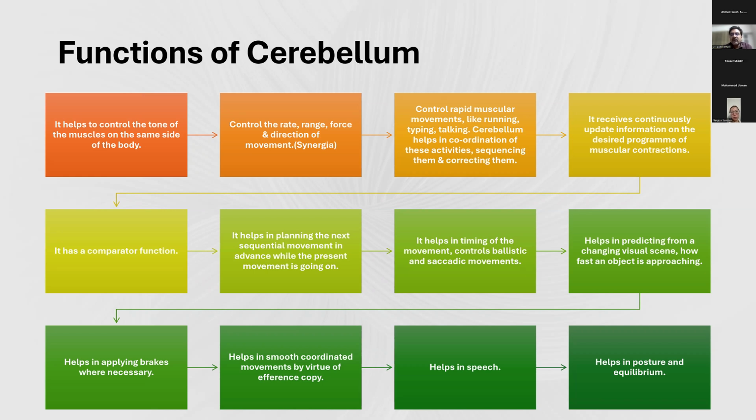It also receives continuous updated information for the desired program of muscle contraction. It also has a comparator function. It also handles sequential movement, when there is continuous movement going on, and the sequence is maintained by the cerebellum.